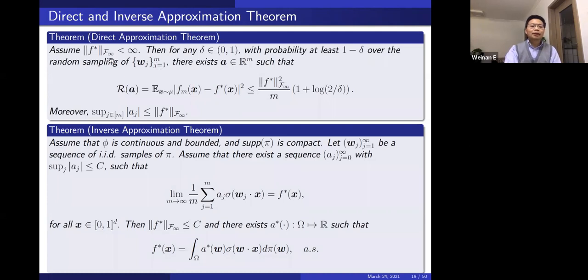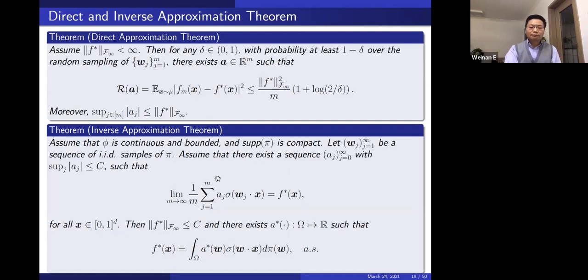Assume that the F_infinity norm of the target function is finite. Then for any delta between 0 and 1, with probability at least 1 minus delta over the random samples of these feature vectors, there exists a coefficient vector such that the random feature model approximates the target function with the desired convergence rate, namely 1 over m with some coefficient gamma.